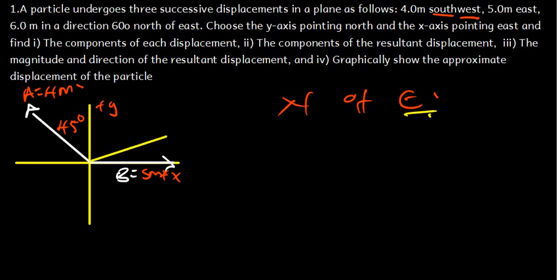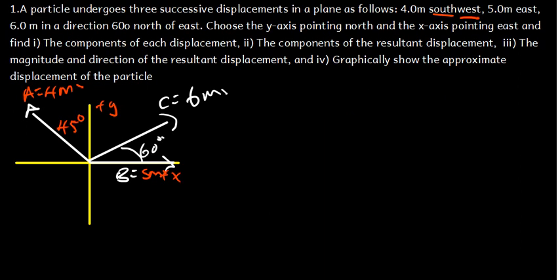So this is going to be our vector. So that vector is 60. Let's call this vector C. And we say that this is 5 meters. Oh, it's 6 meters, sorry. It is 6 meters. Okay, so if this is 6 meters, and now we know that the angle there is 60 degrees, and that will be the angle which we are going to use.